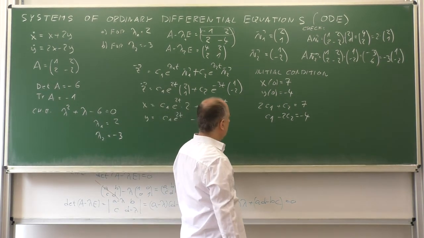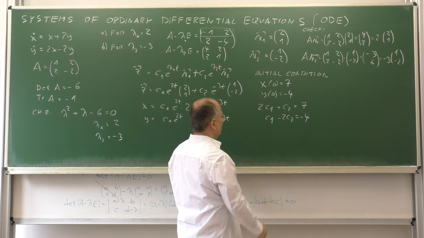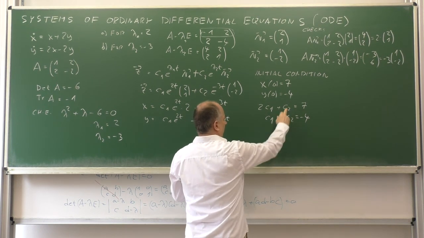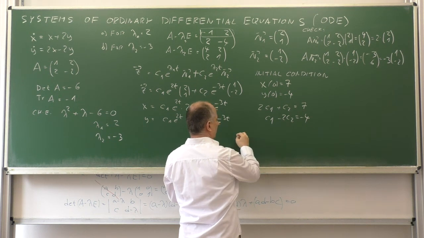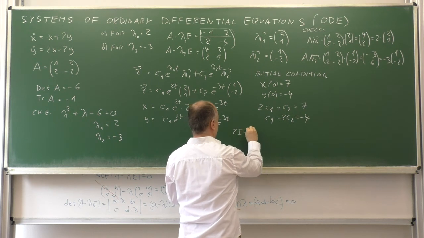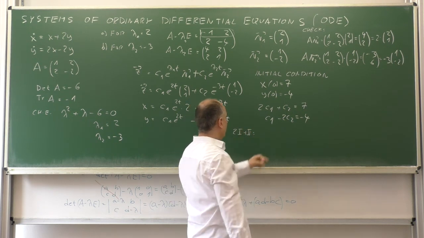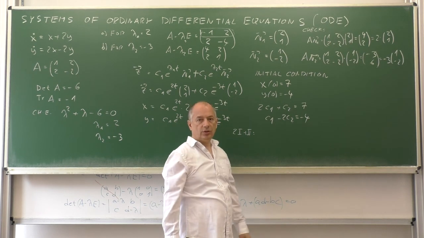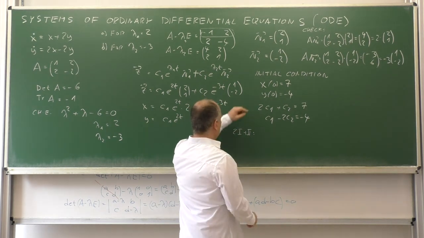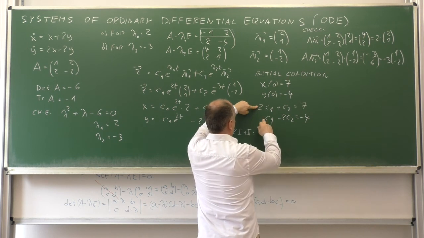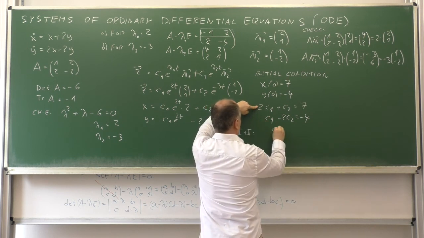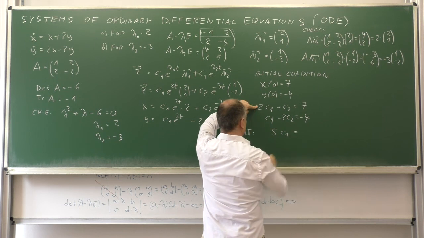Well, this can be solved by various methods. So, say we want to get rid of C2, and this can be achieved by taking 2 times the first plus the second. And then 2C2 minus 2C2 disappears, and we have 2 times 2 is 4, plus 1 is 5C1.